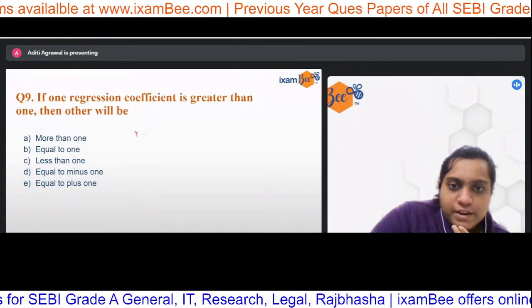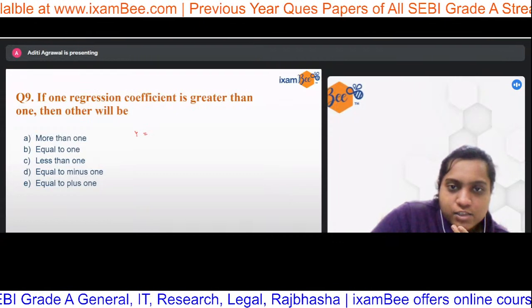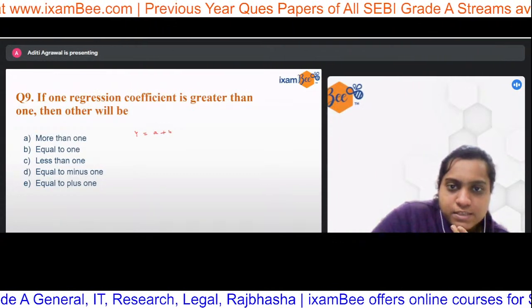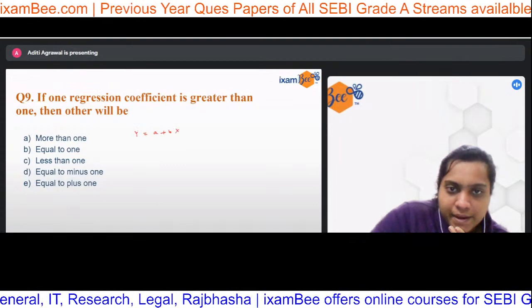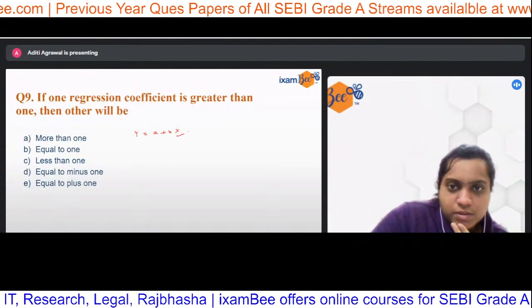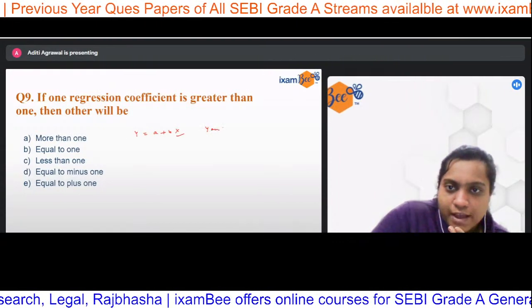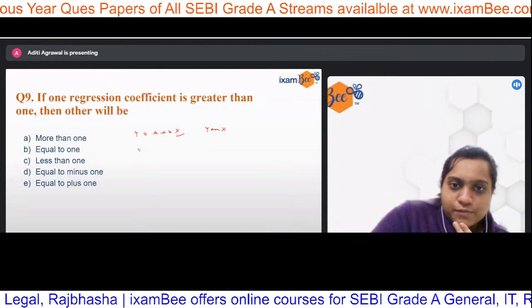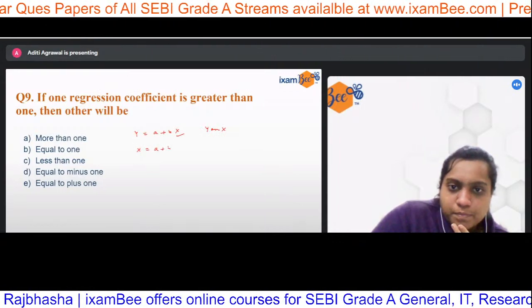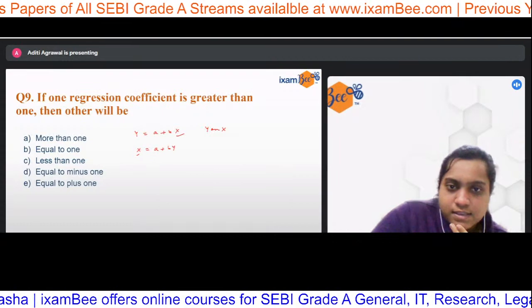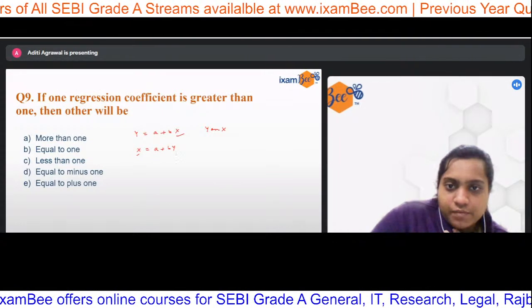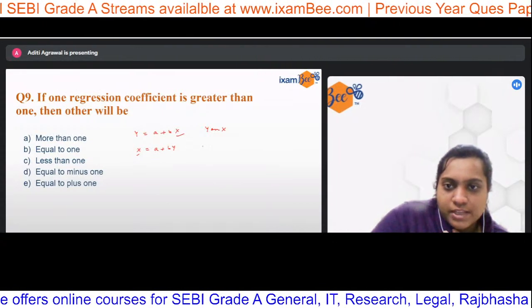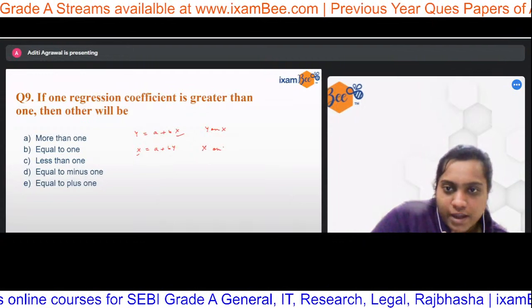If you are regressing y on x, that is, if you write y is equal to a plus bx, where y is the dependent variable and x is the independent variable, that means you are regressing y on x, right? But if you write x is equal to a plus by, where x is the dependent variable and y is the independent variable, that means you are regressing x on y, right?